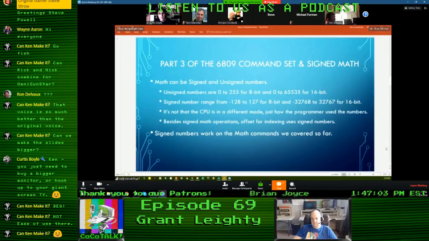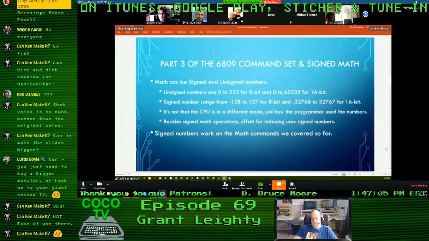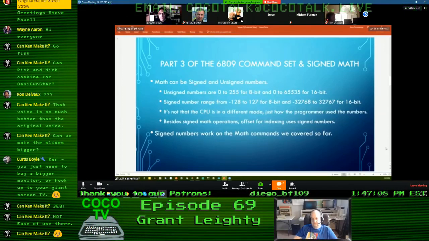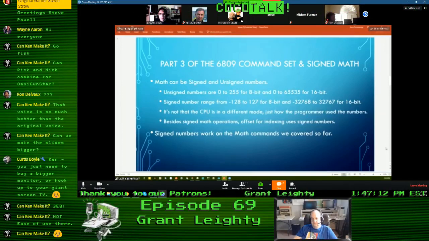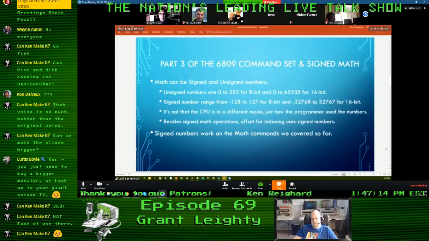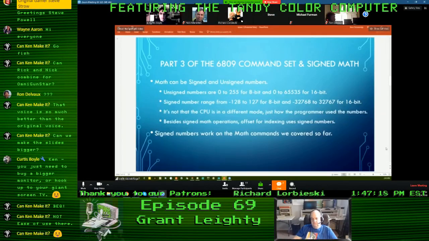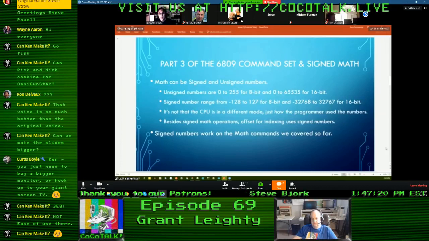So when you're looking at X pointing someplace in memory, you can have a negative or a positive number referring to it. And this really becomes handy in the case of the stack, because you're always working pretty close to where the stack pointer is pointing.